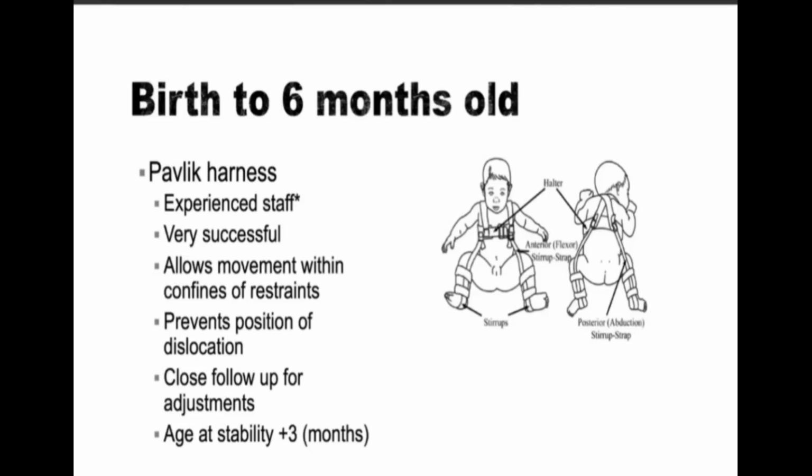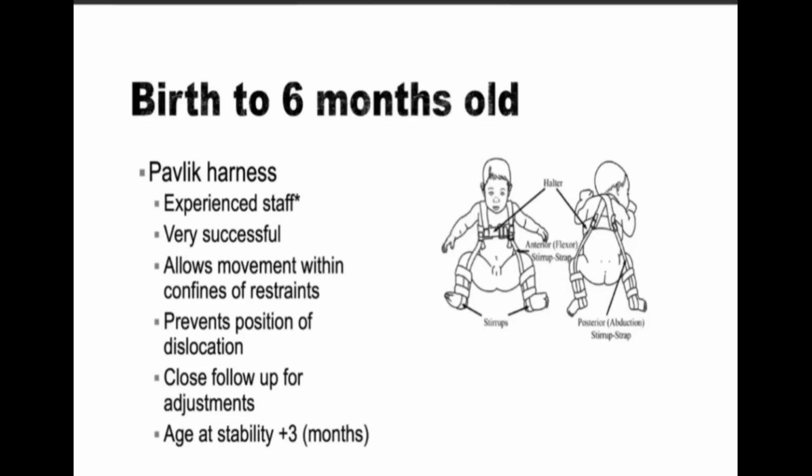It puts the hip into that safe position of hip abduction and slight flexion, where an Ortolani positive hip that is out wants to reduce with hip abduction. This is a brace that the child wears full time to keep the hips abducted, so it gets that femoral head to seat in the acetabulum.